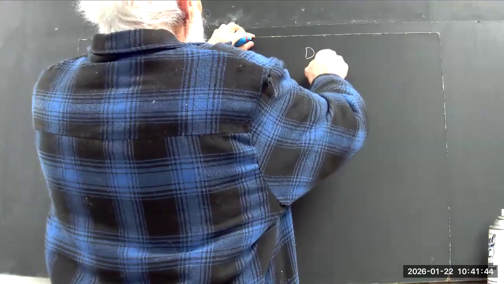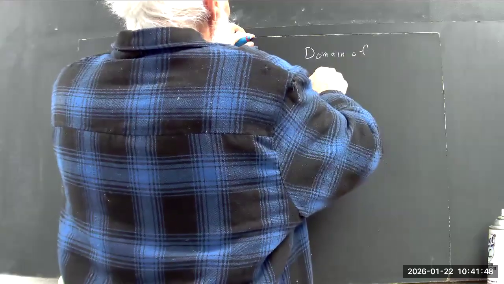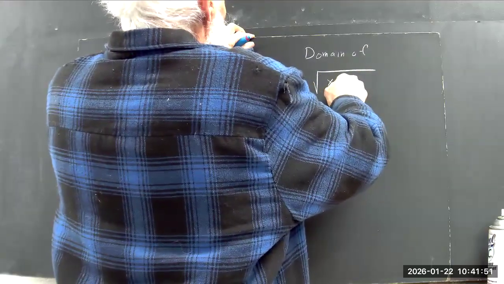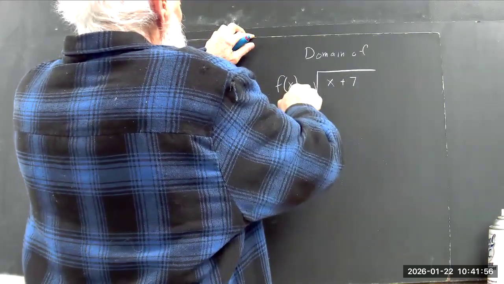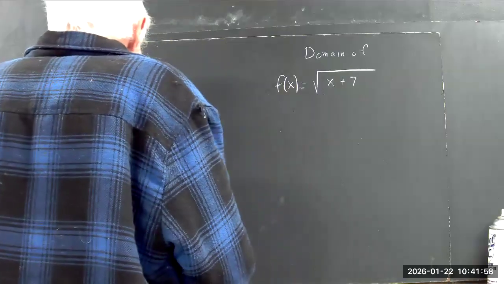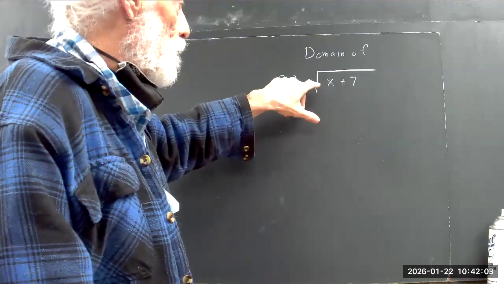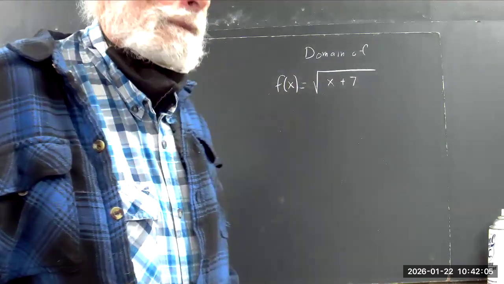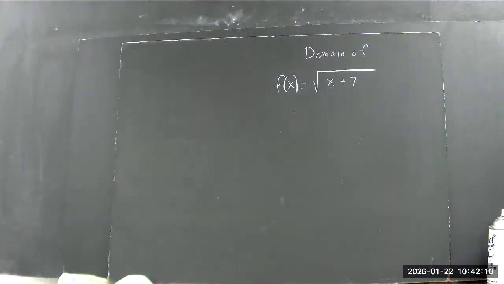There's another possible restriction on domain. Now, f of x is the square root of x plus 7. Are there any numbers you can't take a square root of?